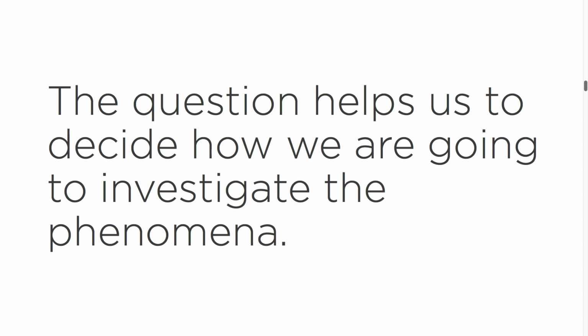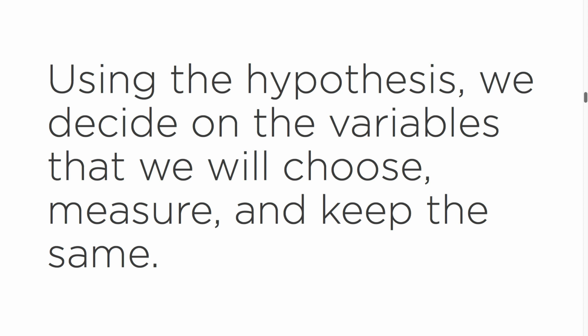Using the hypothesis, we decide on the variables that we will choose to measure and to keep the same. So there's three things we can do. We can choose a variable that we will measure, and we can measure some of them, and we can keep some of them the same.